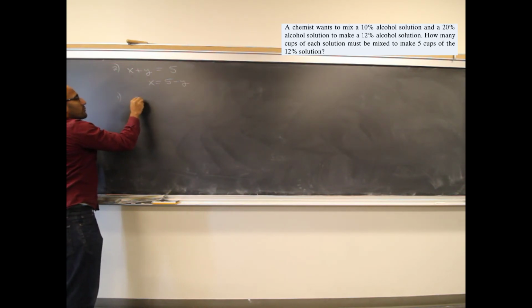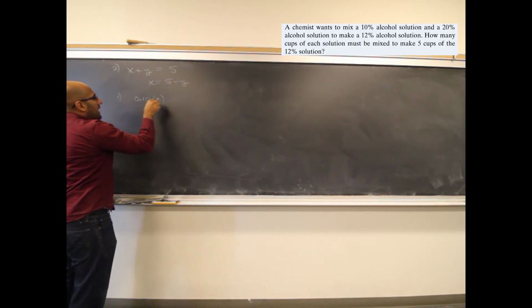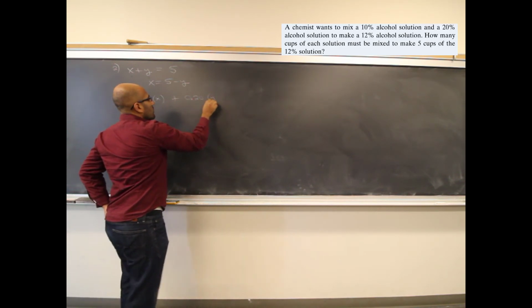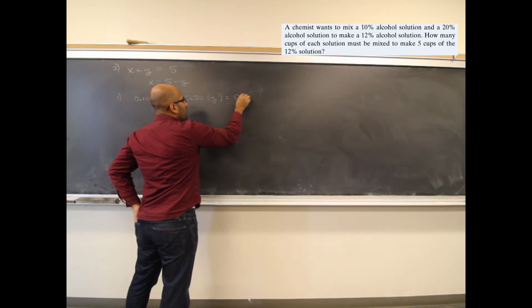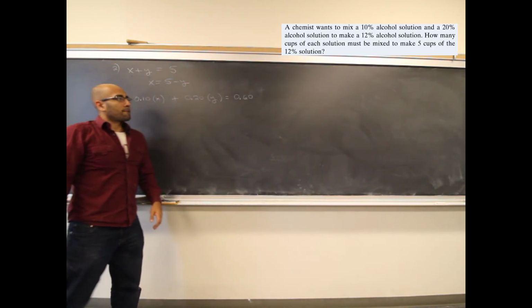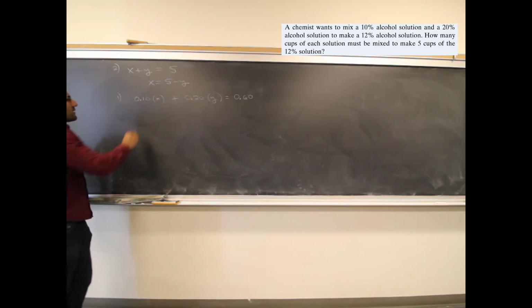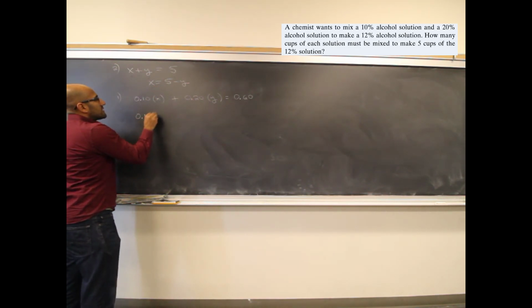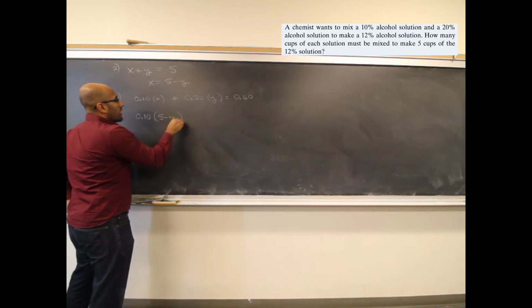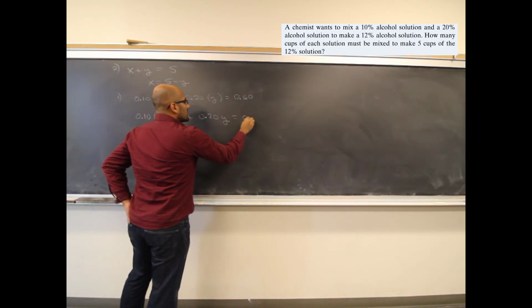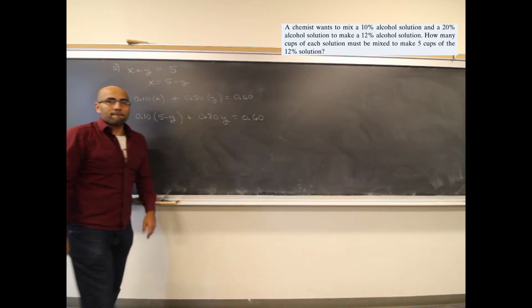Equation 1 was 0.10X plus 0.20Y was equal to 0.60. Okay. So we're going to take our newfound description for X and plug it into there. 0.10 times (5 minus Y) plus 0.20Y is equal to 0.60.